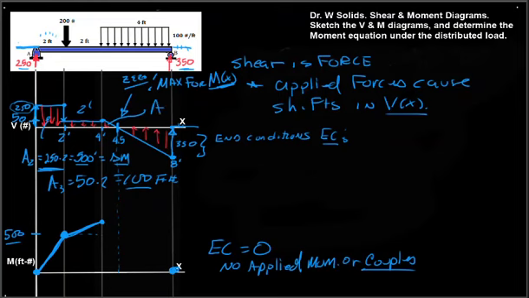And this little area will be 1/2 times 1/2, which is how wide that is, times 50, which would be 12.5. And that tells us that we'll increase by 12.5 additional foot-pounds.